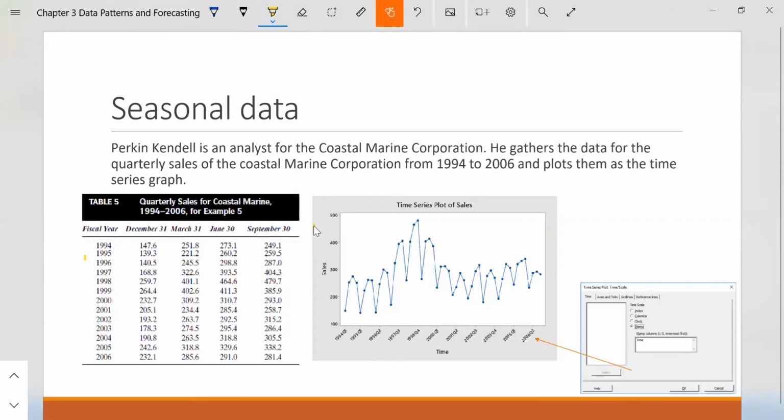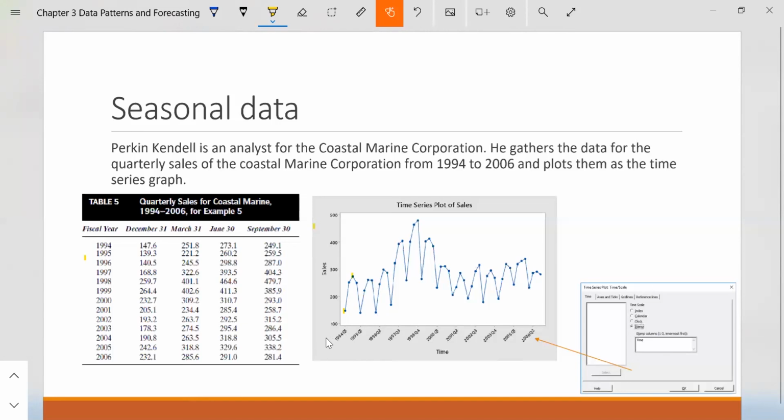We can observe certain patterns. We can see from the first quarter it's going up, the third quarter is a peak, and then the fourth quarter is going down a little bit. And then it repeats itself every year. So even from the time series plot, we do observe seasonality. The same pattern repeats itself every 4 quarters or every year, okay?